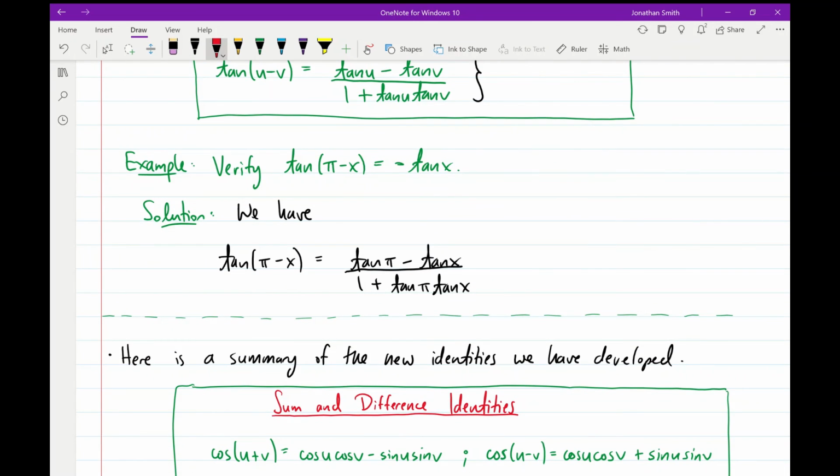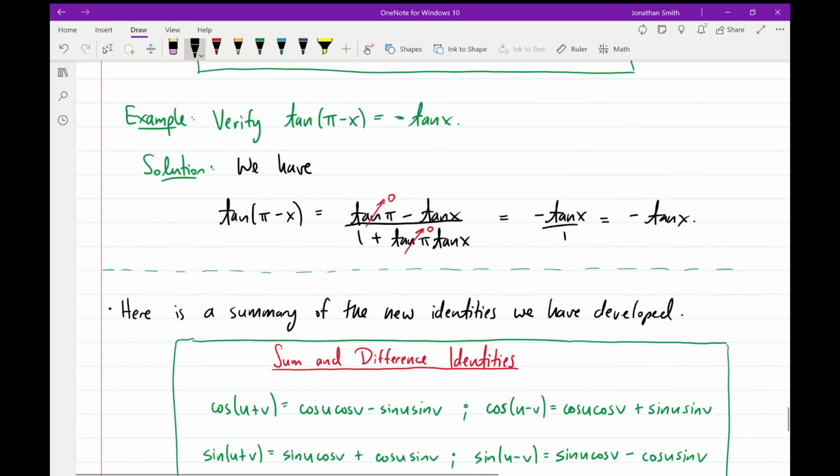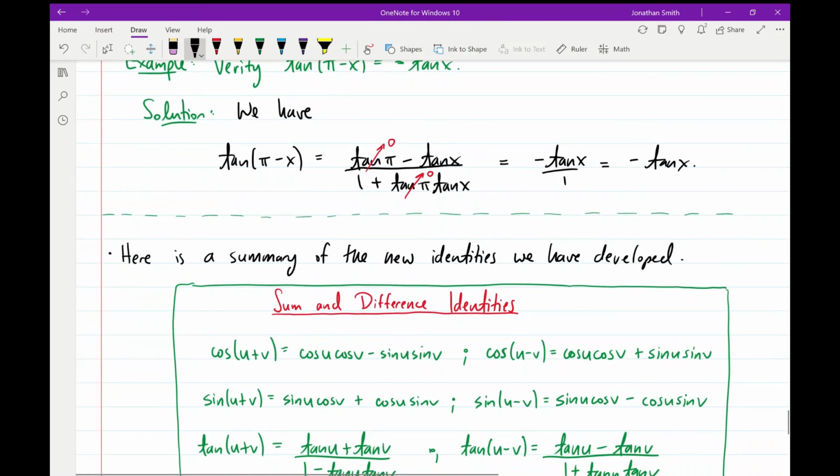All right, let's see if we can simplify this. So tangent of pi, because sine is equal to 0 at pi, tangent of pi is just going to be 0 in both of these cases. And so we're just left with a minus tangent x over 1, which is just minus tangent x. So we've proven this identity now that tangent of pi minus x is equal to minus tangent of x.